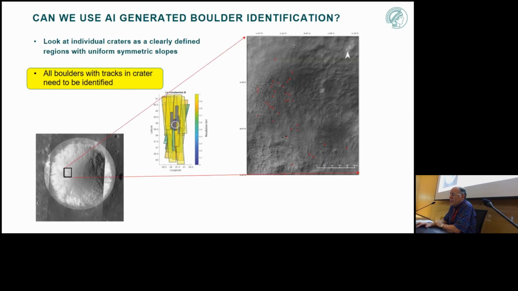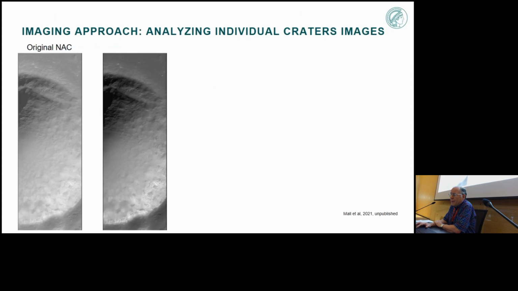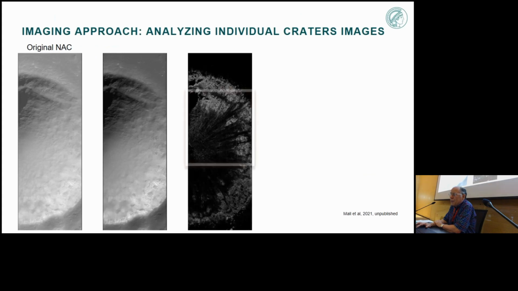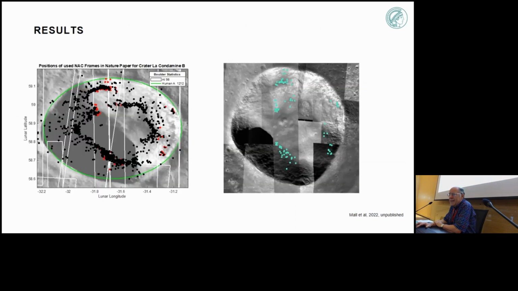Here you see some of these boulders. So I just show you some results from the imaging approaches that we really see those types of tracks on these images. This is one of the results for one particular crater.